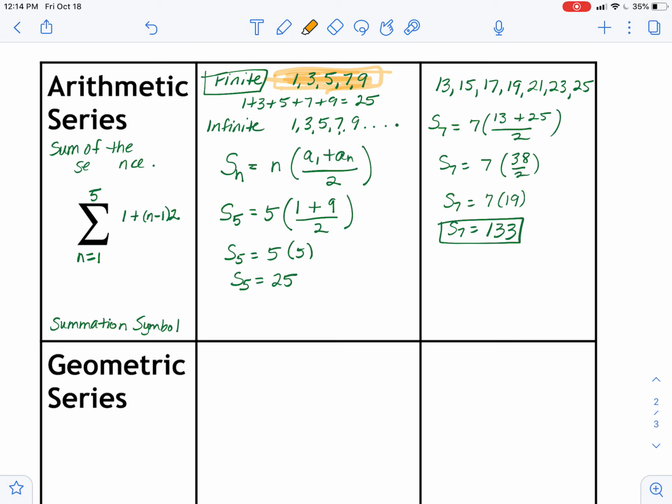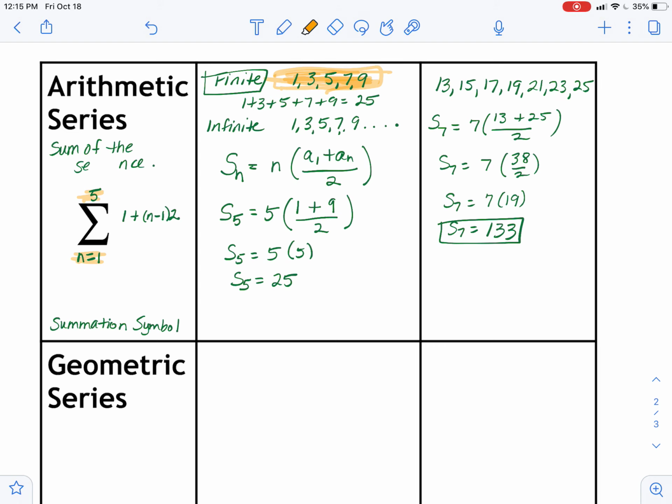So just FYI there. If they give you the sequence, then you would just use this formula that's given there. If they give you the summation piece of it over here, then you're going to need to put in the numbers 1 through 5 and then work out your problem. So you would put in 1, put in 5, and then work out your problem, okay?